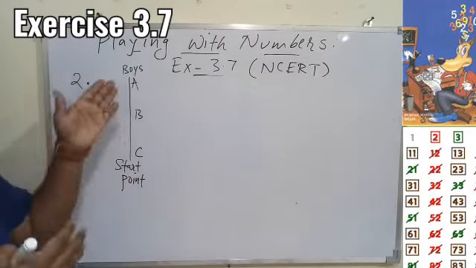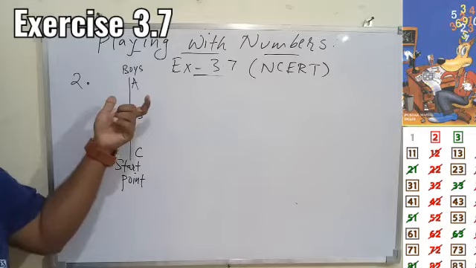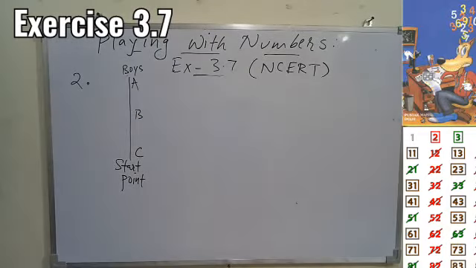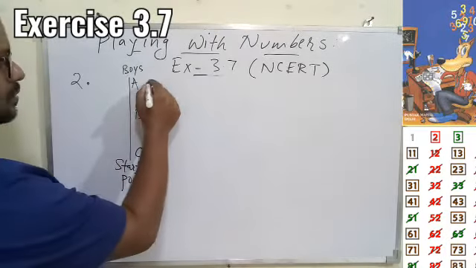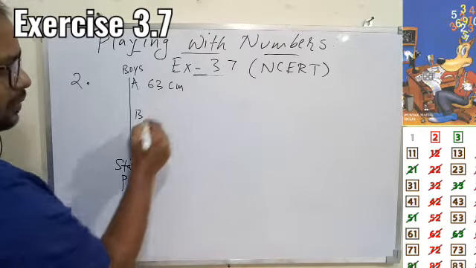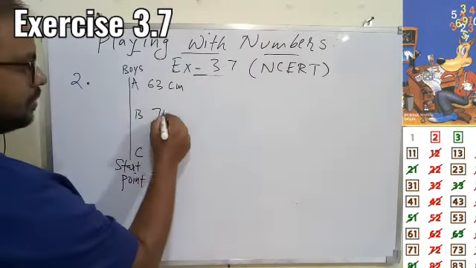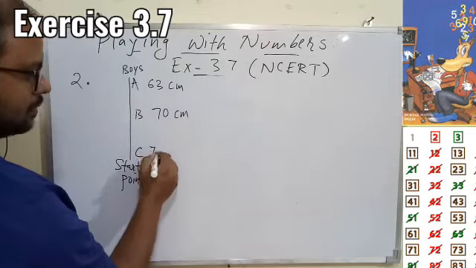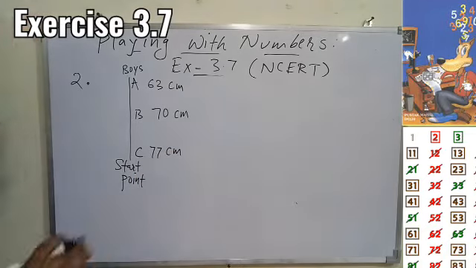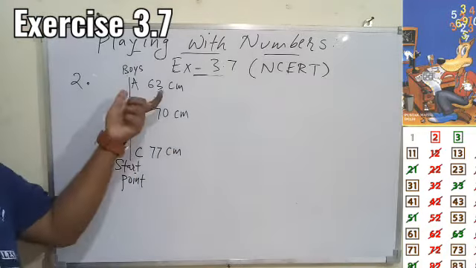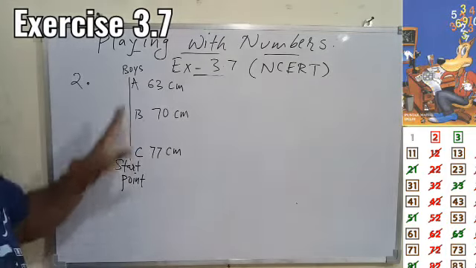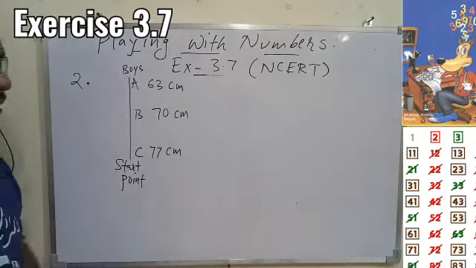So once they start walking, at one step A, B and C will have different distance covered. So A will cover 63 cm, B will cover 70 cm in one step, C will cover 77 cm in one step. So that is the length of one step of A, B and C, 63, 70 and 77 cm.